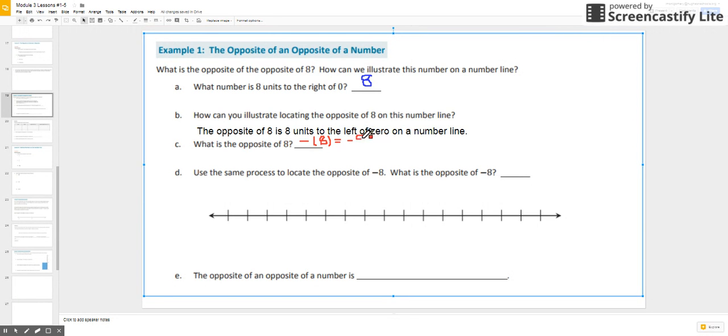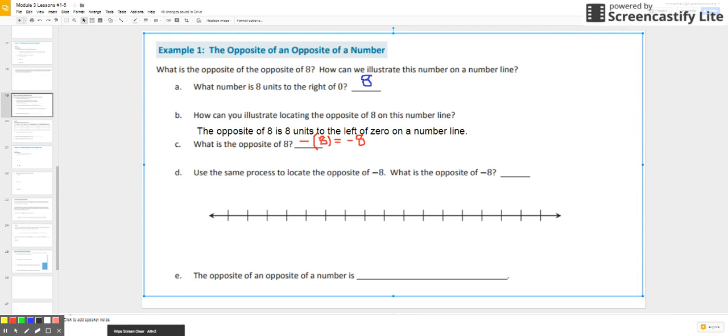You're going to see these parentheses used to separate the double negatives. When we get to the opposite of an opposite, we'll see why we need parentheses. I'm going to erase that and make a nicer parenthesis. So the opposite of 8 is equal to negative 8.